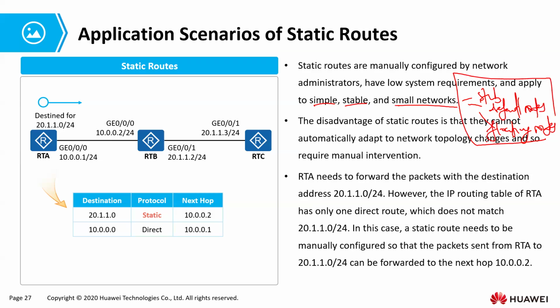The disadvantage of static routes is they cannot automatically adapt to network topology changes and so require manual intervention. In the example diagram, the static route is already configured. We have routing table RTA. You can see this is a directly connected interface for this network.